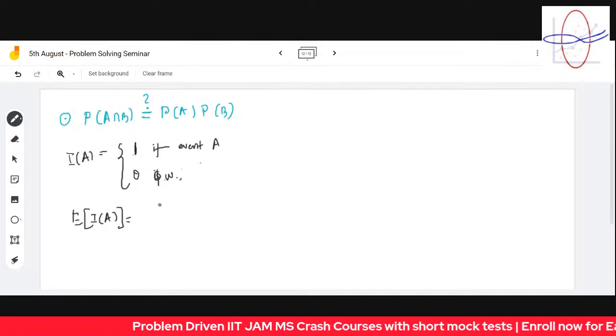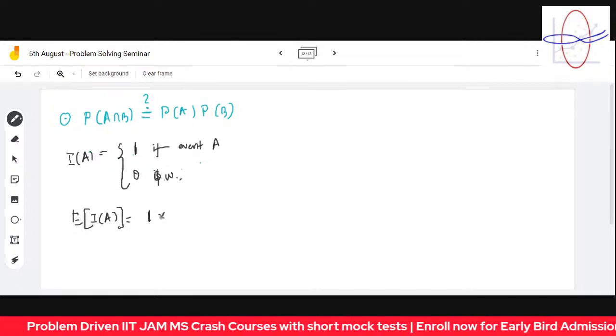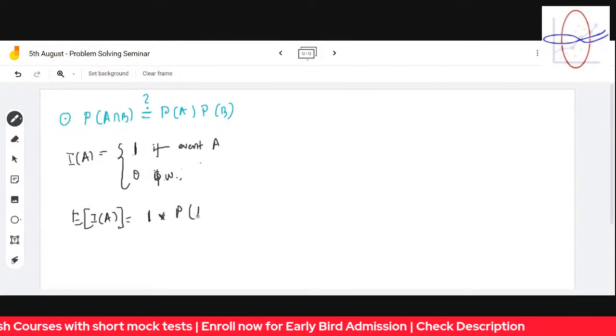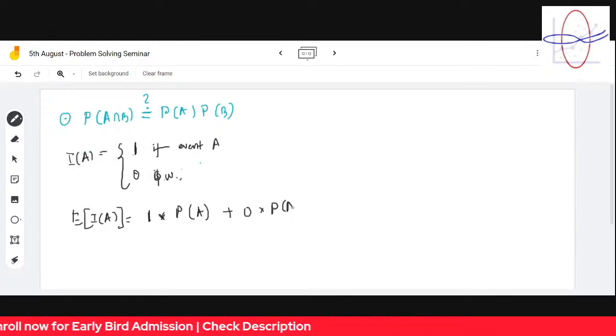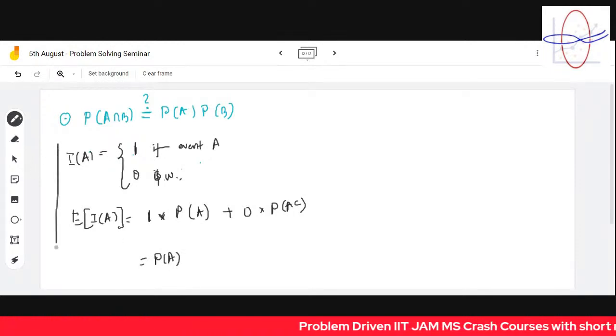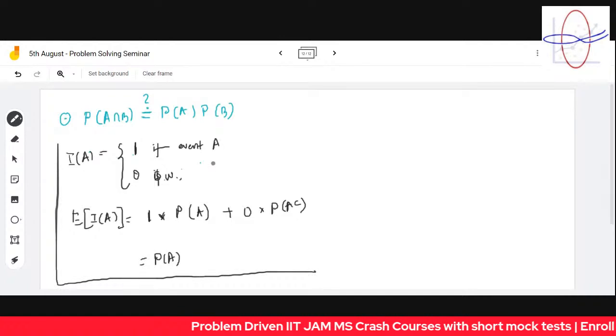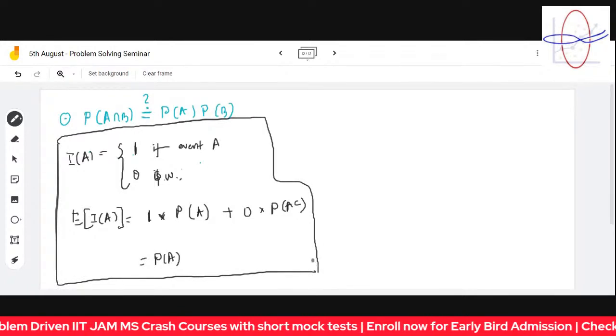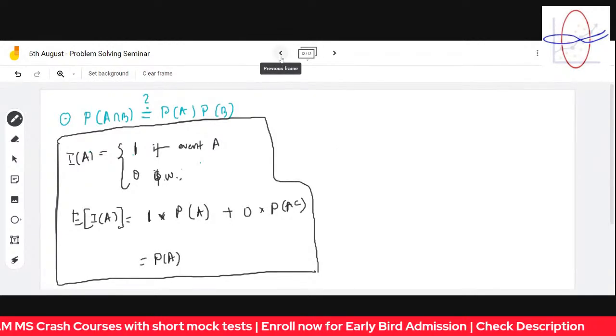It will be 1 into probability event A happens plus 0 into probability event A doesn't happen, A complement. So it's actually equal to probability of A. This is also a very important result, and we will use it here, along with the equally likely case, the symmetry of the random variables.